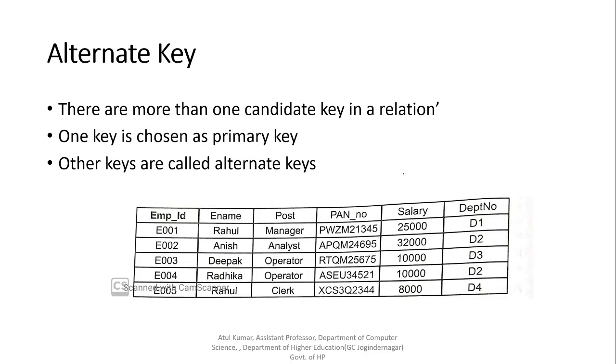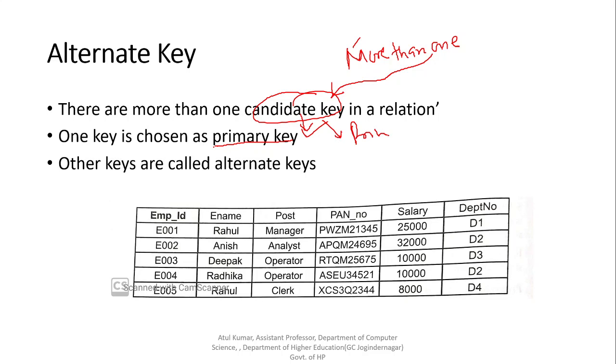Next we have alternate key. As we know, there is more than one candidate key for a relation, and one key from the set of candidate keys is taken as the primary key, and the other remaining keys are called alternate keys.